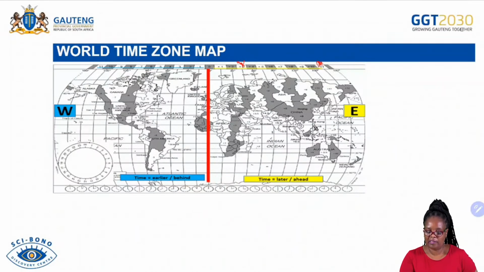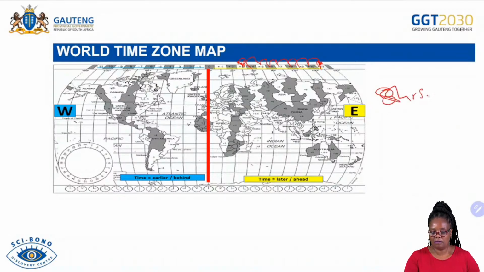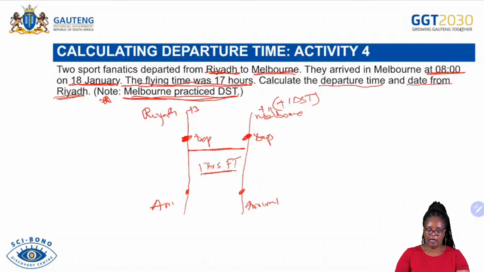Here they are. We move from +3: 1, 2, 3, 4, 5, 6, 7, and 8. It's 8 hours. They differ by 8 hours. So we have 8 hours time difference between Riyadh and Melbourne.